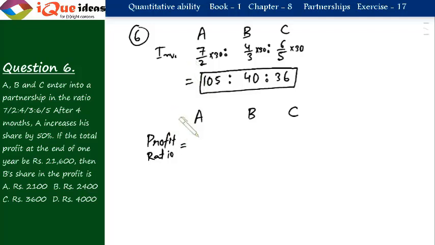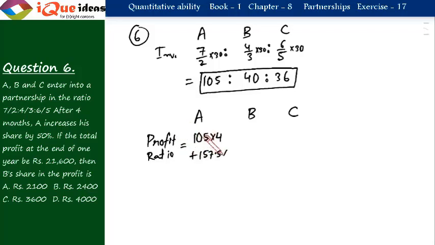Okay, so 105, and that 105 investment remained for 4 months, and after that he has increased his investment by 50%. Now, meaning of 50% is half. Half of 105 is 52.5. I repeat, his investment for the first 4 months was 105. Then he has to increase by 50%. 50% of 105 is 52.5.